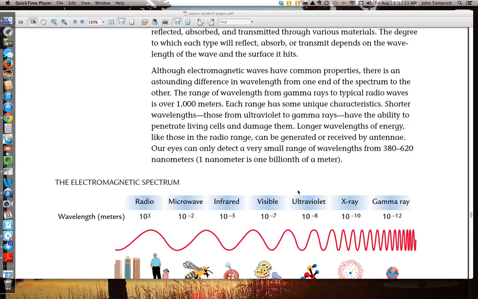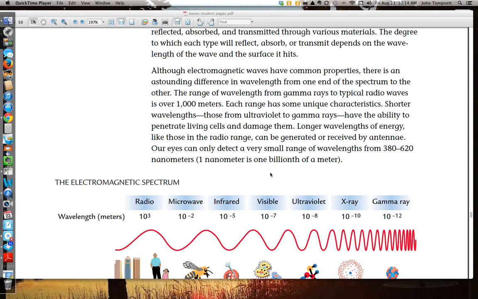Although electromagnetic waves have common properties, there is an astounding difference in the wavelength from one end of the spectrum to the other. The range of wavelength from gamma rays to typical radio waves is over 1,000 meters. Each range has some unique characteristics.